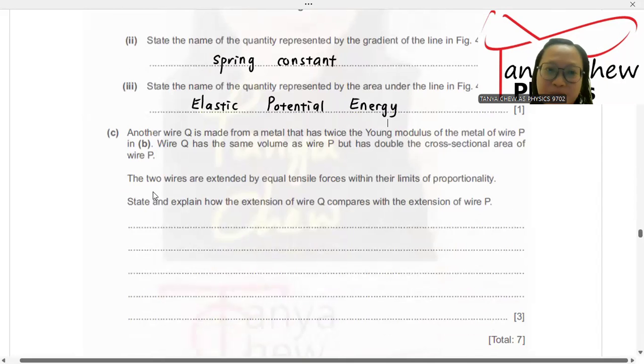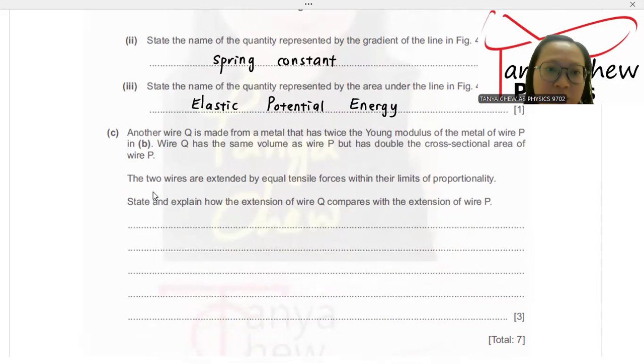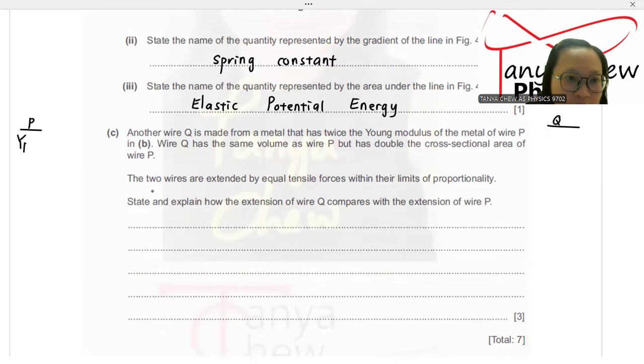C, another wire Q is made from a metal that has twice the Young modulus of the metal of wire P in B. I'm going to write here, this is P and this is Q. The Young modulus of Q is equal to twice the Young modulus of P. And wire Q has the same volume as wire P, so the volume is the same, V and V, but has double the cross-sectional area.